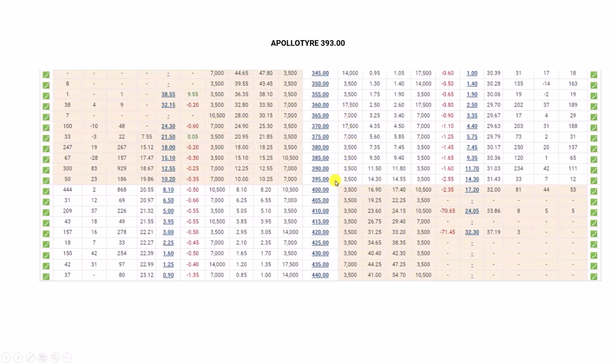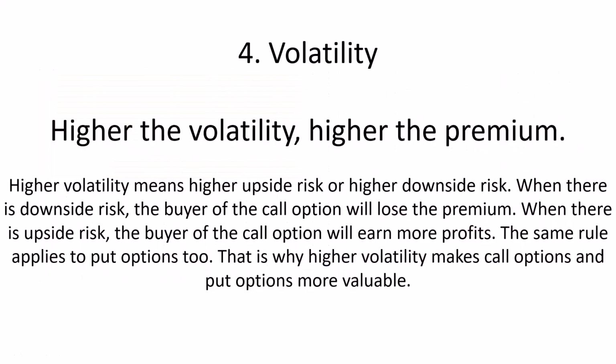If you are a call option buyer, you will earn a lot when it moves up too much. Same way, if you are a call option buyer, you will lose a lot if it moves downside. And if you are a put option buyer, you will lose a lot of money if there is a lot of movement in the upside. So, since there is risk on both sides, and this risk also has a reward, the premium will be higher.